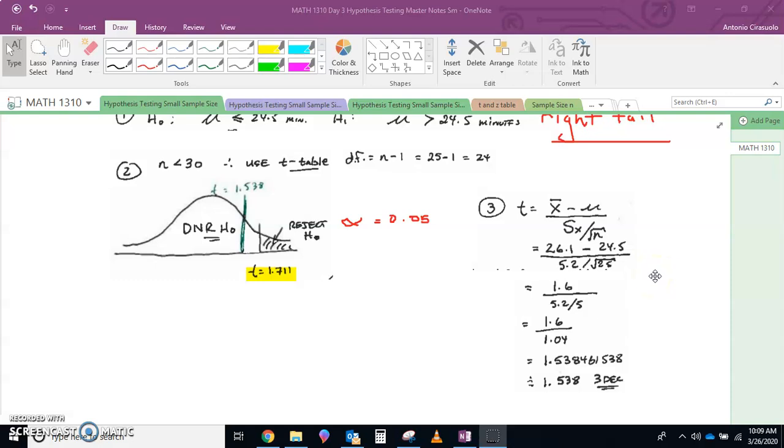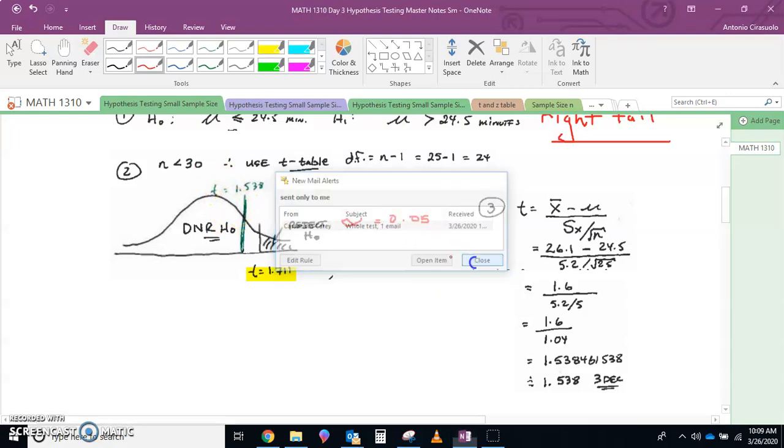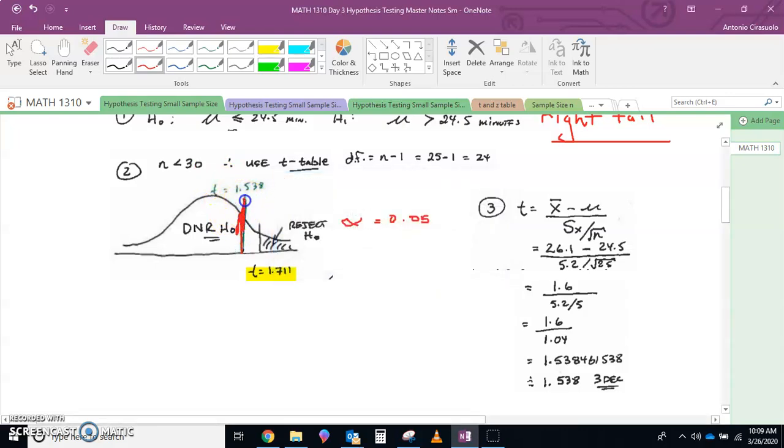You can see that we have the collected value, the stated value, the claim, and standard deviation, divided by the square root of the sample size. Doing the calculation, unrounded is right here, 1.5384. We're going to round to 3 decimal places because the t-table gives us information to 3 decimal places, so we can compare values. So you see that in this case, our test value ends up being right here.